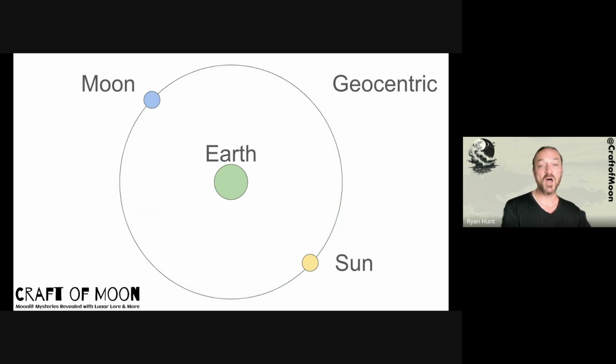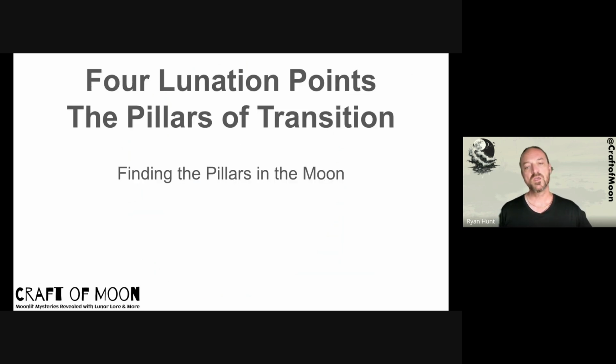And this phenomenon of the sun moving across the sky is created by the Earth's rotation. But when we put them onto a chart like this, we chart both the moon and the sun from a geocentric standpoint, with the Earth, or us, as the native of the chart at the center.